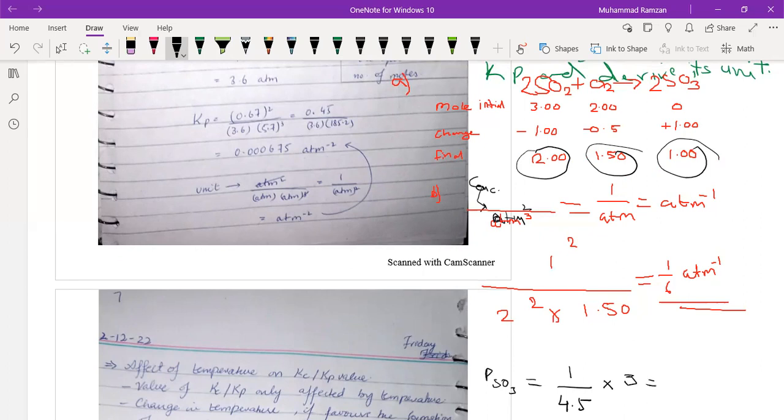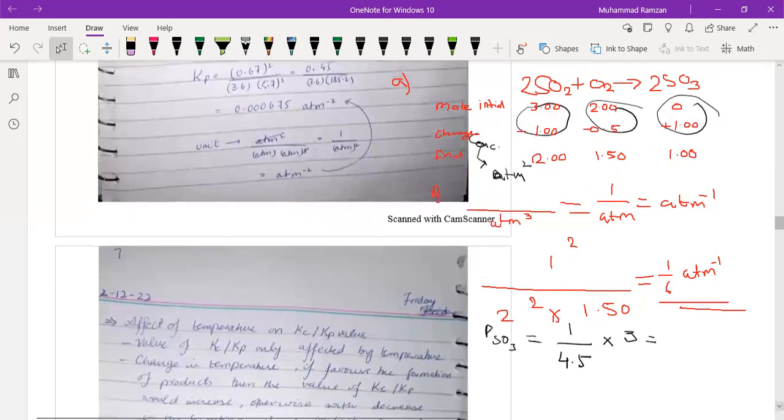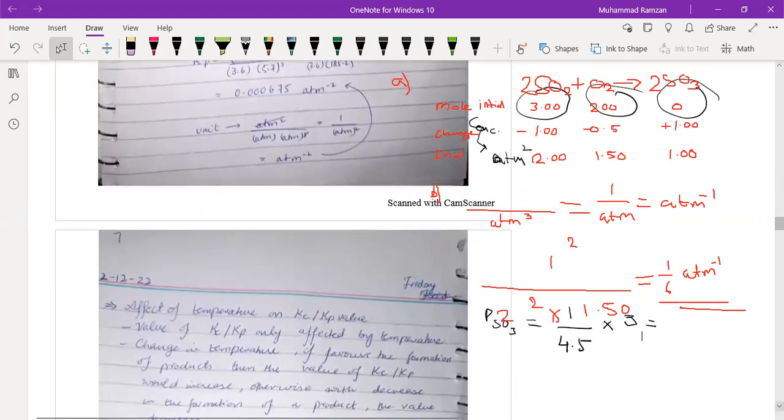Can you calculate 1 divided by 4.5 multiplied by 3? It's 2/3.